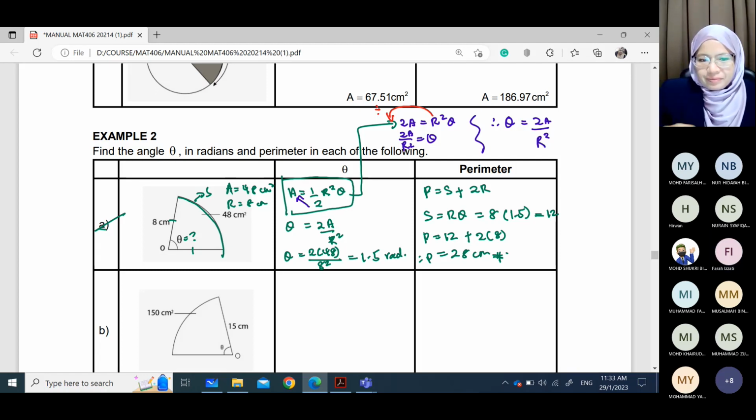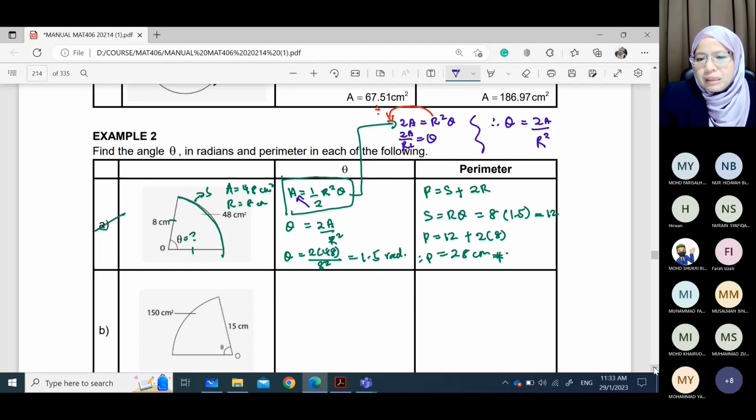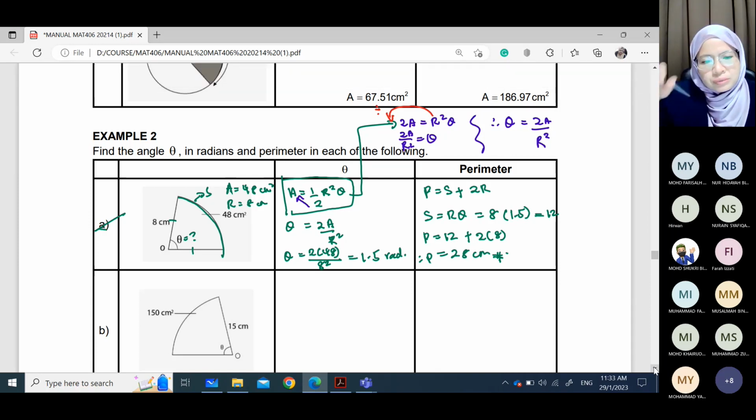Okay, ada soalan lain? Tak ada. Alright. Dia macam tu juga. Kalau kita nak dapatkan area, you kena pindahkan, katakan you nak dapatkan radius, sama jugalah you perlu pindahkan 1/2, you pindahkan sebelah, dia akan jadi darab. Dan theta you pindah sebelah, dia akan jadi bahagi.